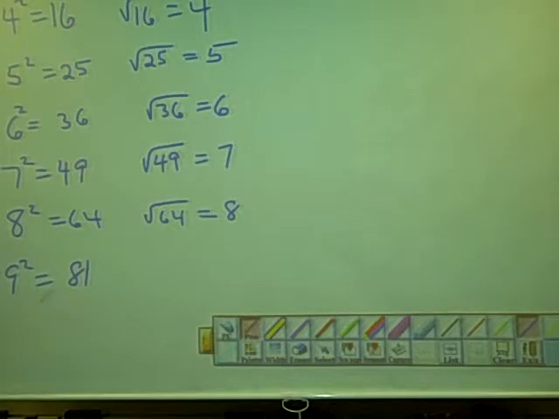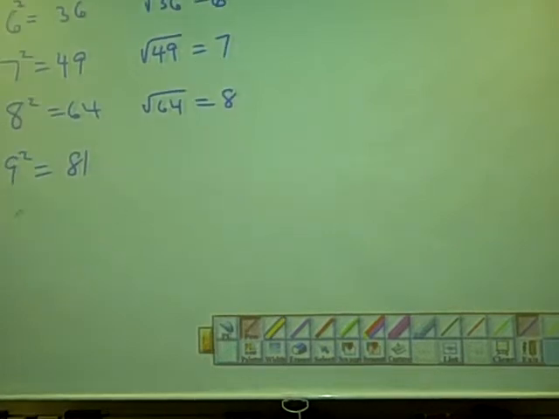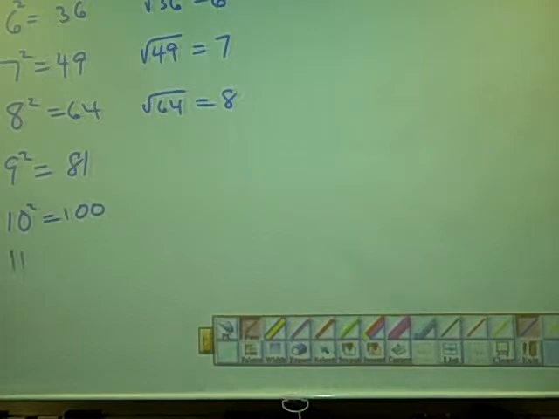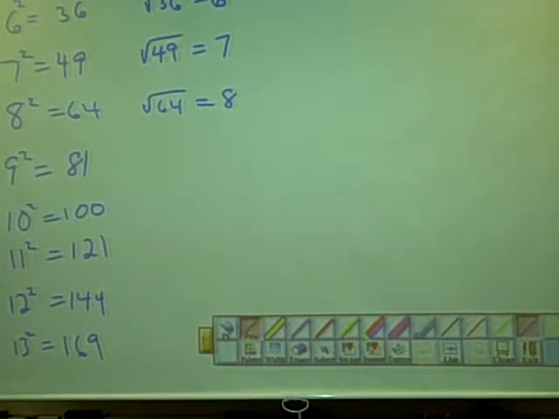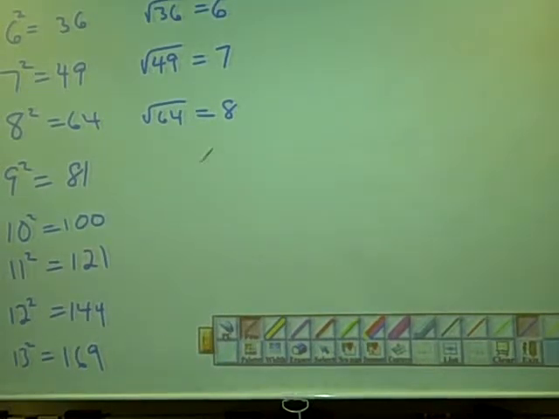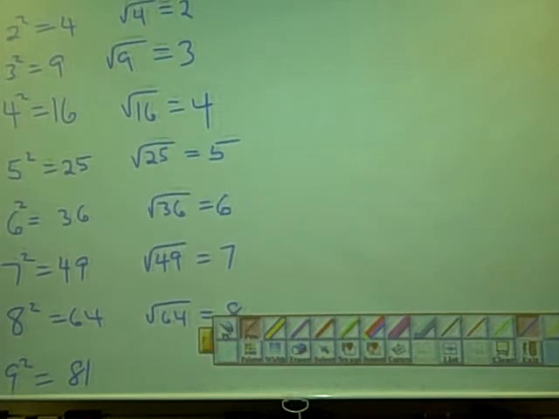You guys get the idea with the square root. 10 squared is 100. 11 squared, 121. 12 squared, 144, and so on. 13 squared, 169, and so on. Okay? Usually you don't have to go too much further than 13.